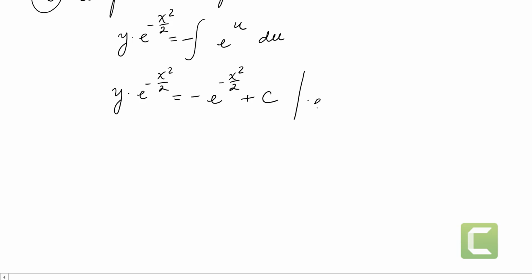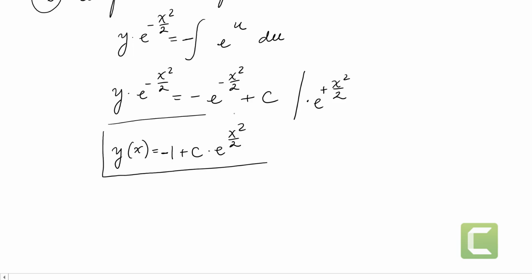Backing up a bit, I'm going to multiply by e to the positive x squared over 2, so that it's like I'm dividing by e to the negative x squared over 2. So then I get on this side negative 1 plus c times e to the x squared over 2. And this is it. We found the explicit solution of the equation.